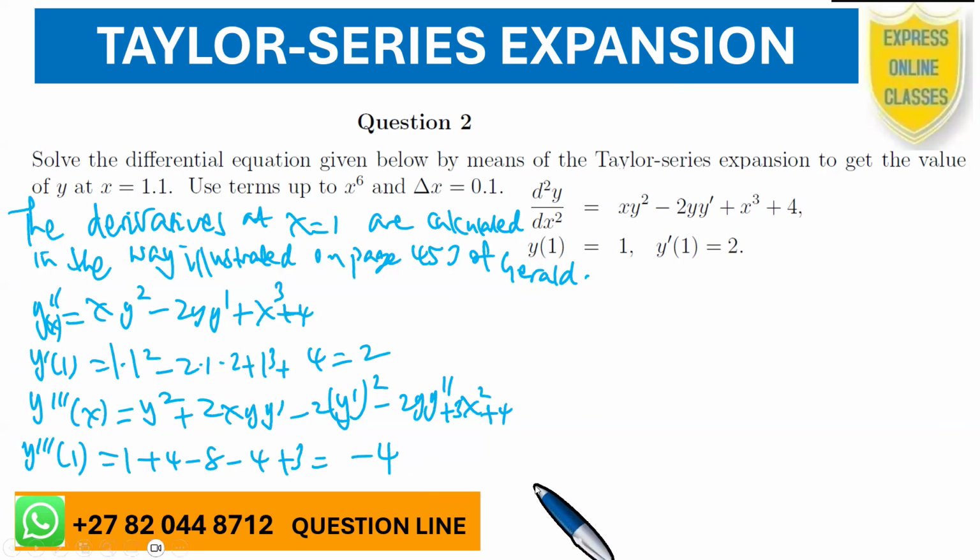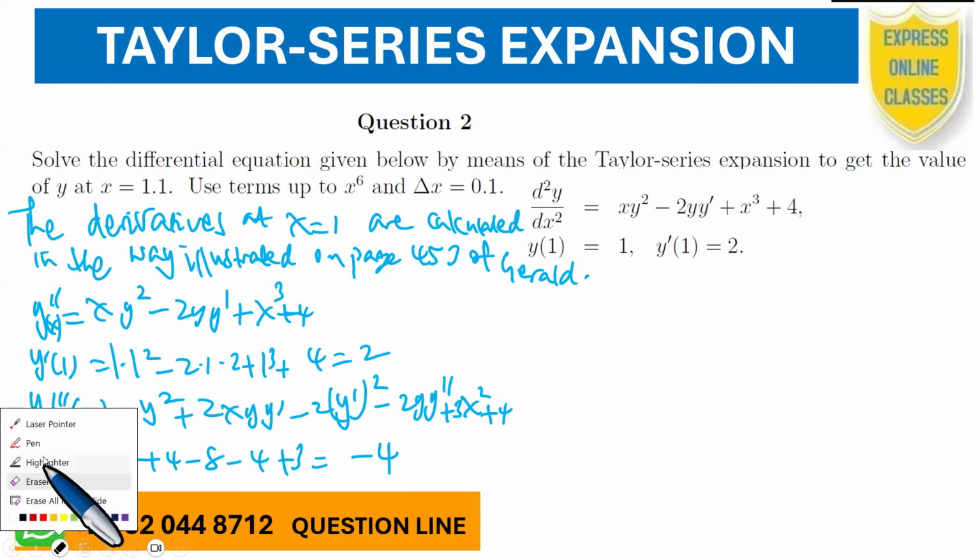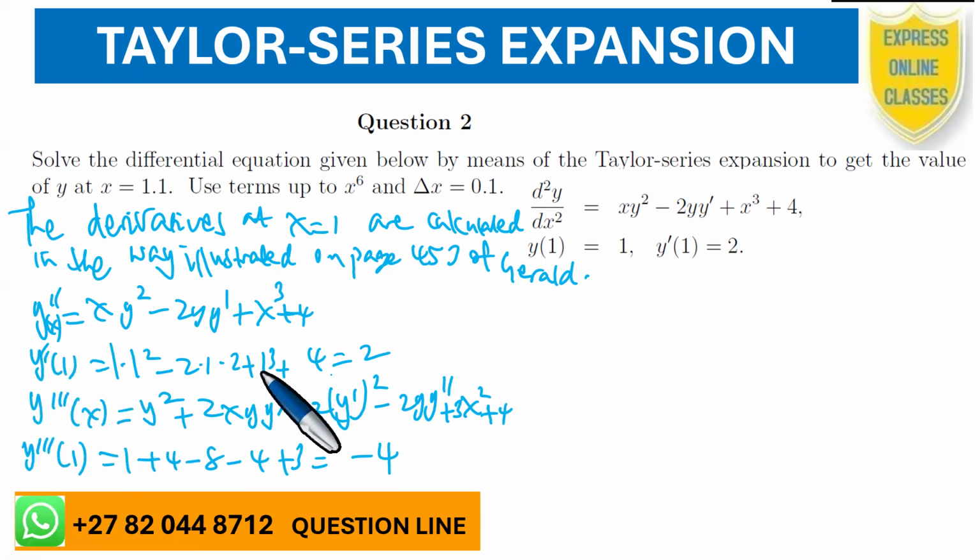In a nutshell, what we're saying here is this is y double primed, which is equal to 2. So y triple primed is minus 4, because y primed at 1 is 2.